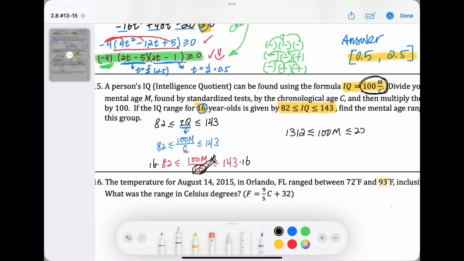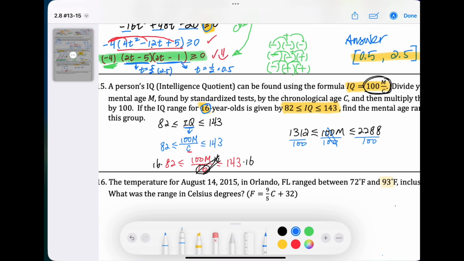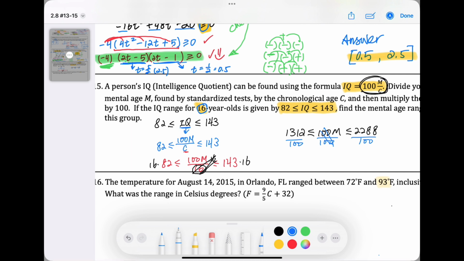That is 2288. Now, since I want to figure out m, everybody divides by 100. Oh, that is very simple. Move your decimal 2 times to the left. So that would be 13.12. And ooh la la. Now, you may say, Ms. Hong, is that my final answer?